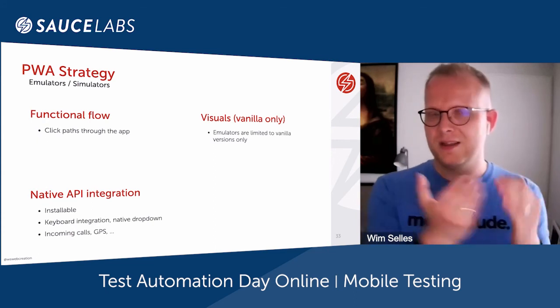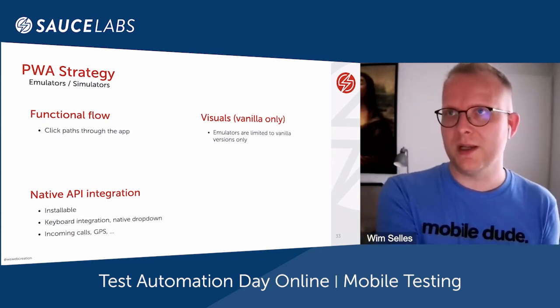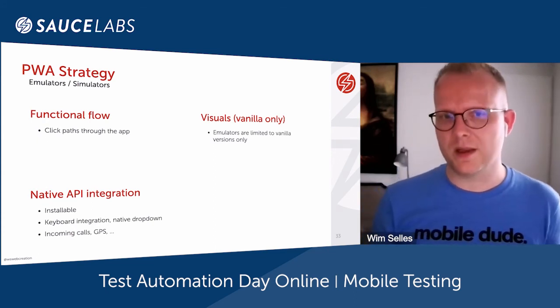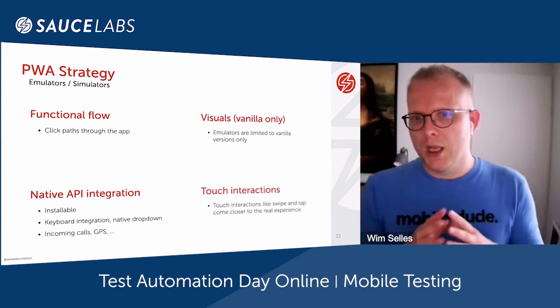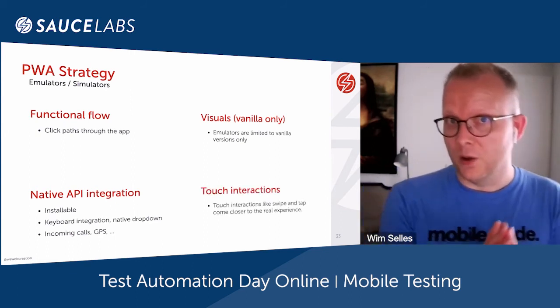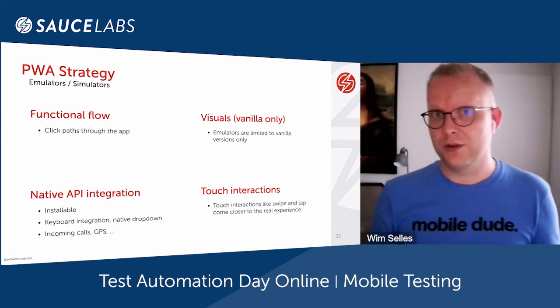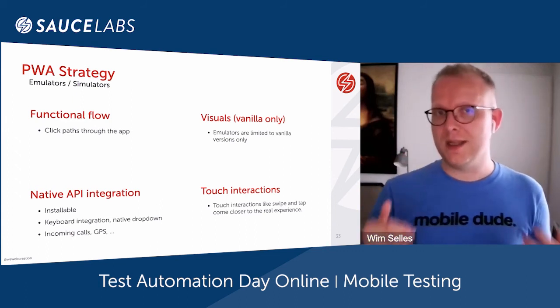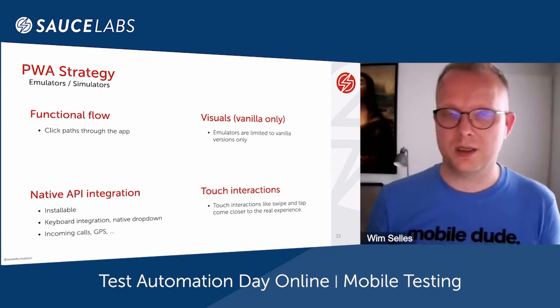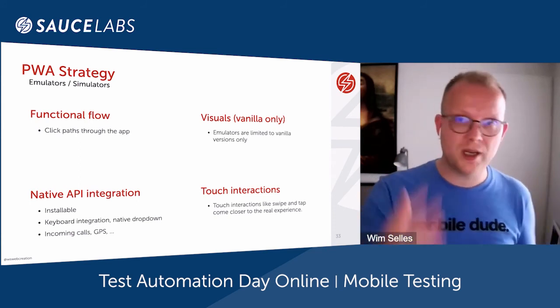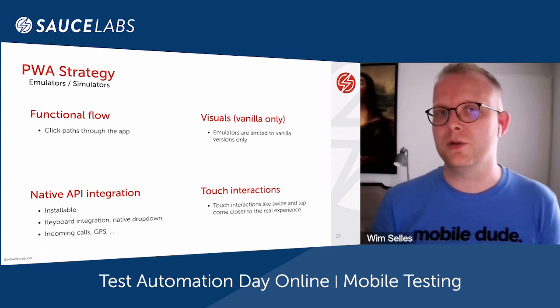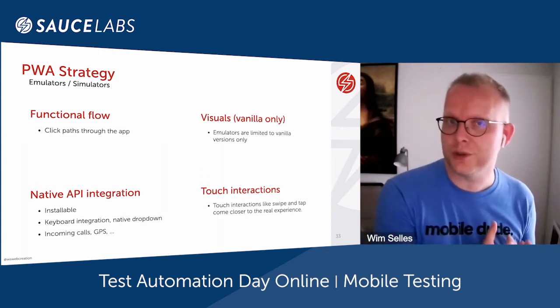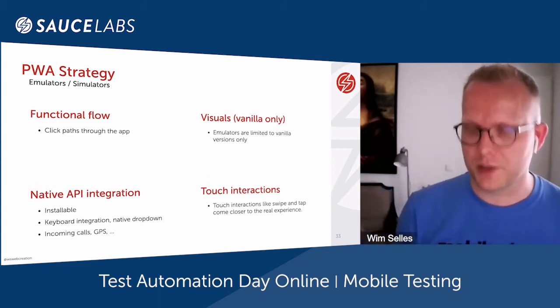So again, testing visuals on emulators, I wonder if that's the best thing that you should do. What you should definitely do, which is something I really encourage you to look at, is touch interactions. This is the first phase in that pyramid where you could test the touch interactions, basically the gestures, swiping, scrolling, or whatever you want to do, or whatever you think your end user is going to do with his fingers.